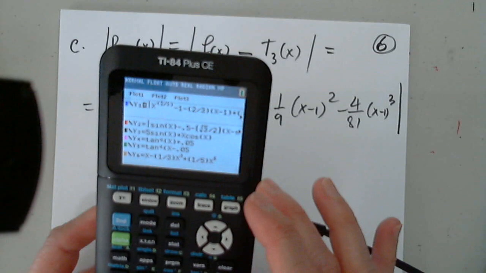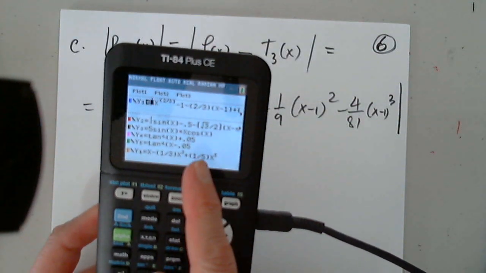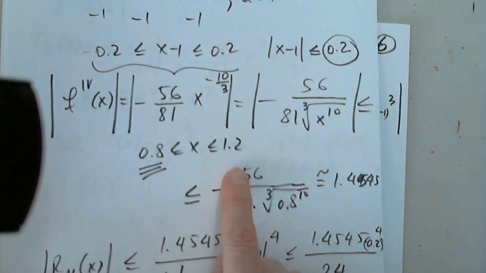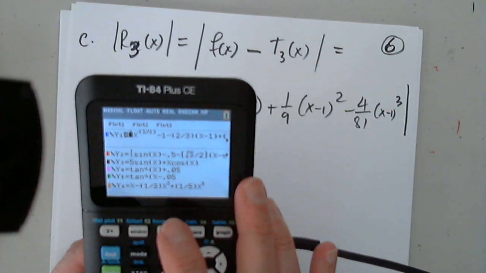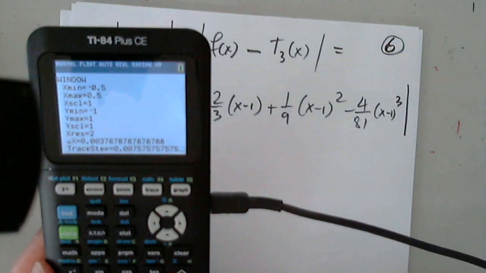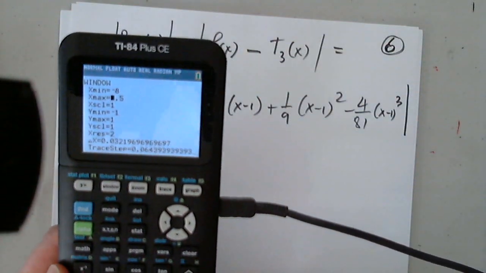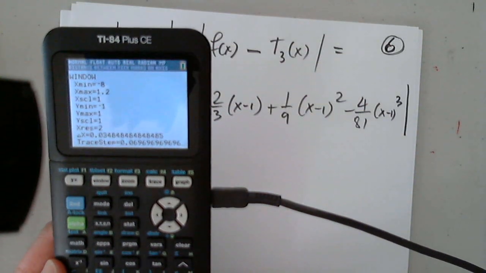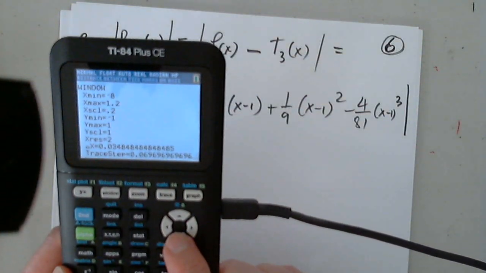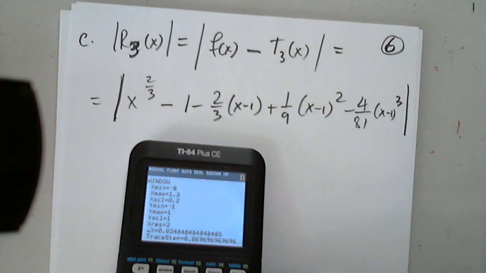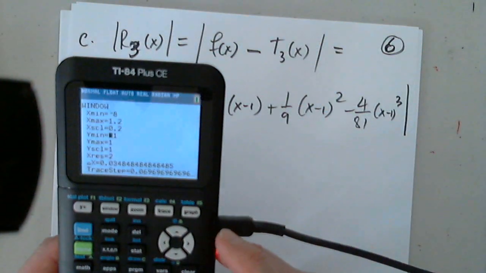So coming back here, we want to graph this. We are really looking at 0.8 to 1.2. That's where our x is. Okay, so the viewing window will be between 0.8 and 1.2 with a scale of 0.2. For Y minimum, we're graphing a positive function.